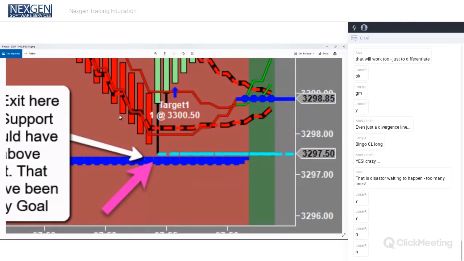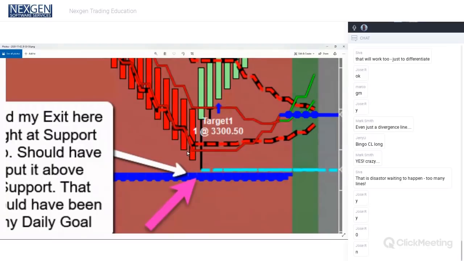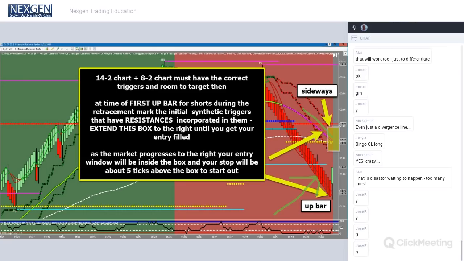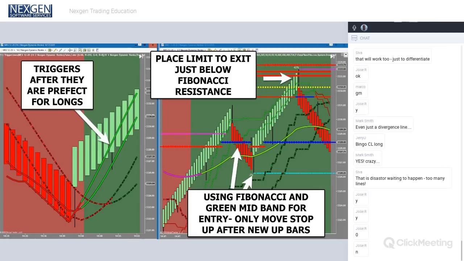You know, the idea is to put your target. Let me show you in the plan, in the video. Again, I think this is self-explanatory. Once you see it and once you understand it, it's pretty easy. Triggers are going up. You're buying a pullback at supports. Place a limit order just before the fib, so you're getting out on the way up instead of waiting for a reaction.